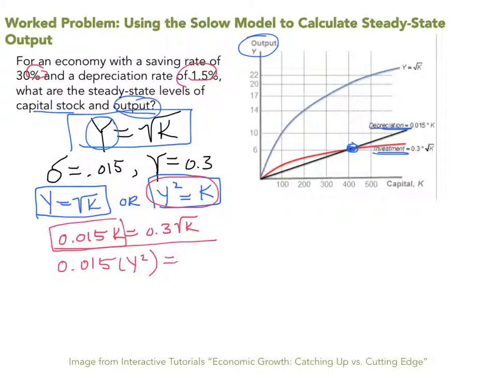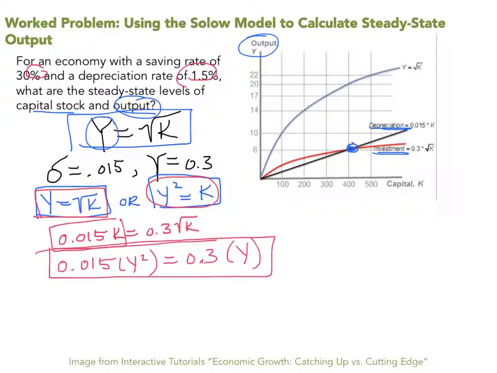Now what's on the right? 0.3 square root of k, and I know that is y. So now I need to solve for this, and that's a little bit easier.